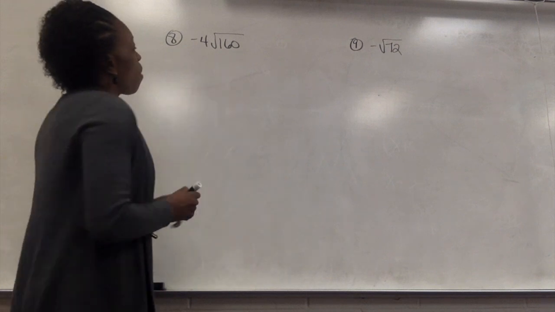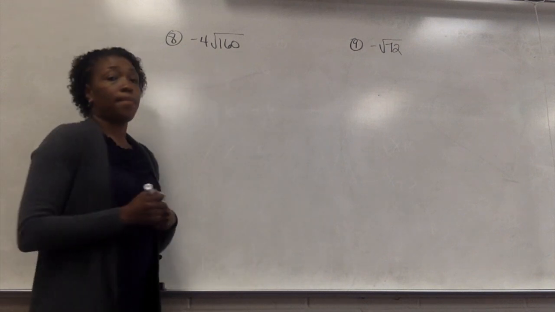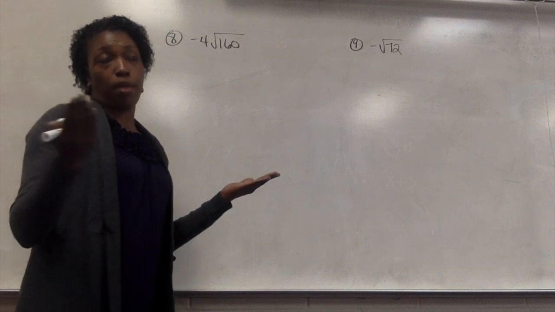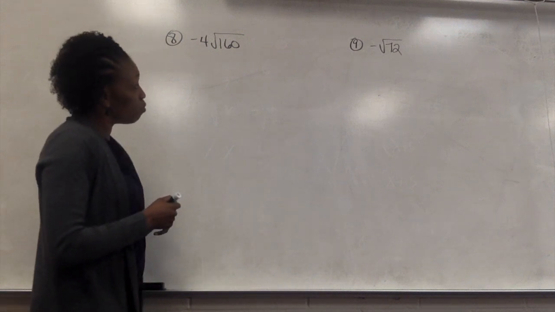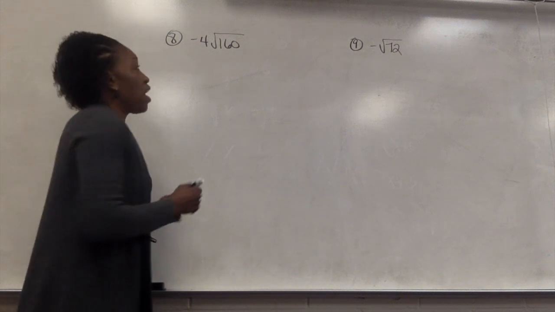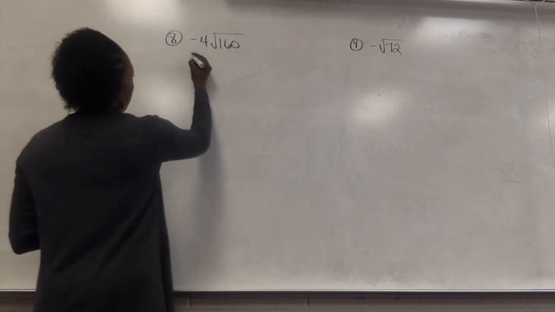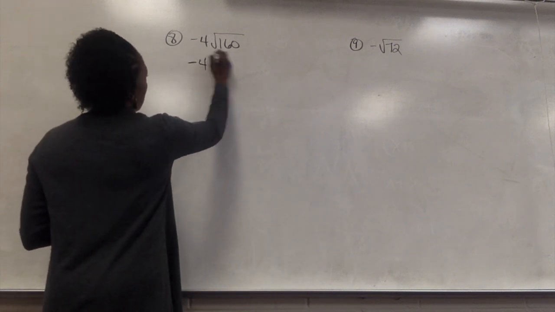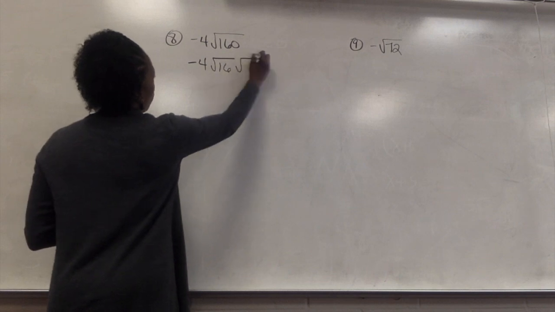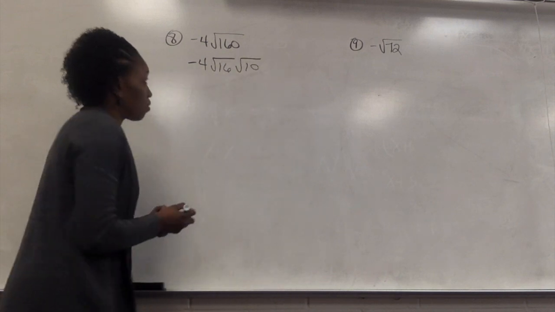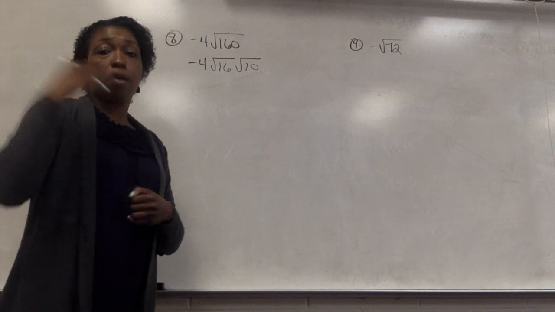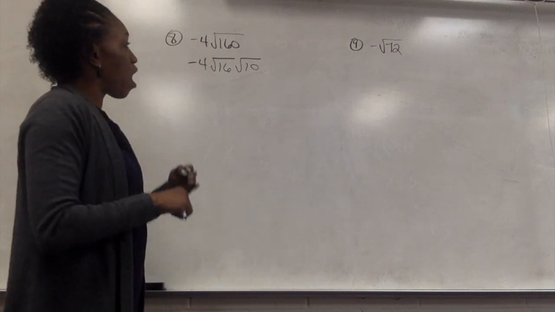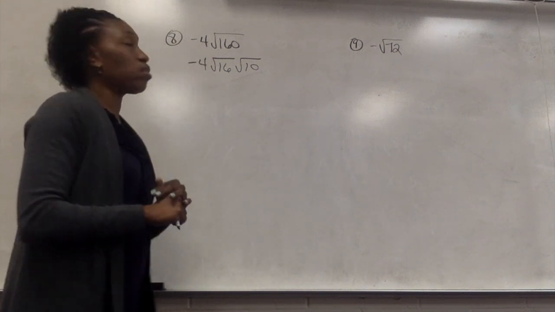So when I look at this problem, 160, I see 16 automatically, because I know 16 times 10 will give me 160. And if I break this up, the key thing you want to do is show your perfect square. So always be thinking about a perfect square. How can I get a perfect square out of the numbers that I have underneath my radical?